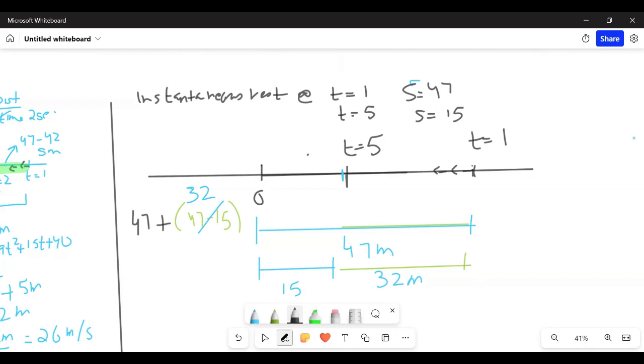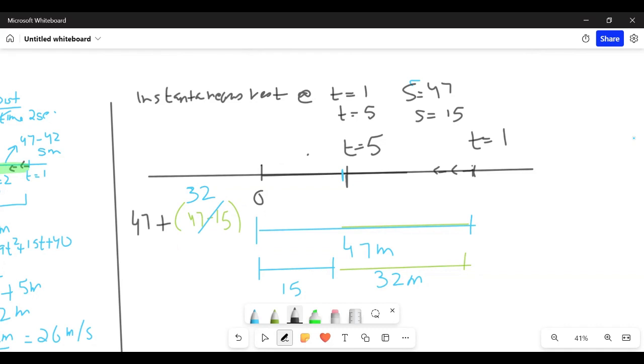So first we know that the object is at instantaneous rest at t equals 1 and t equals 5. At t equals 1, the displacement is 47. So initially the object covered a distance of 47. Then it started to go back. And at t equals 5, we know that the distance from the origin is 15. That means the object covered 32 meters of distance because it's going backwards.